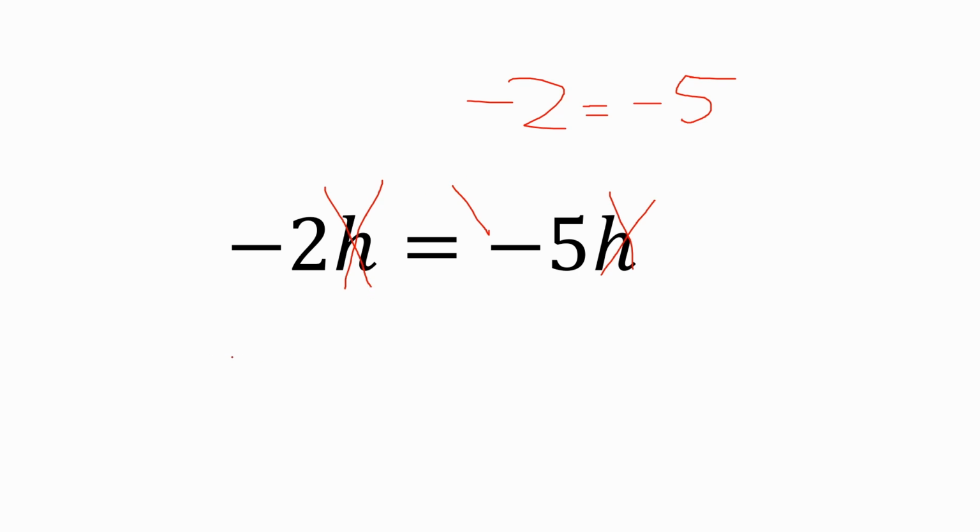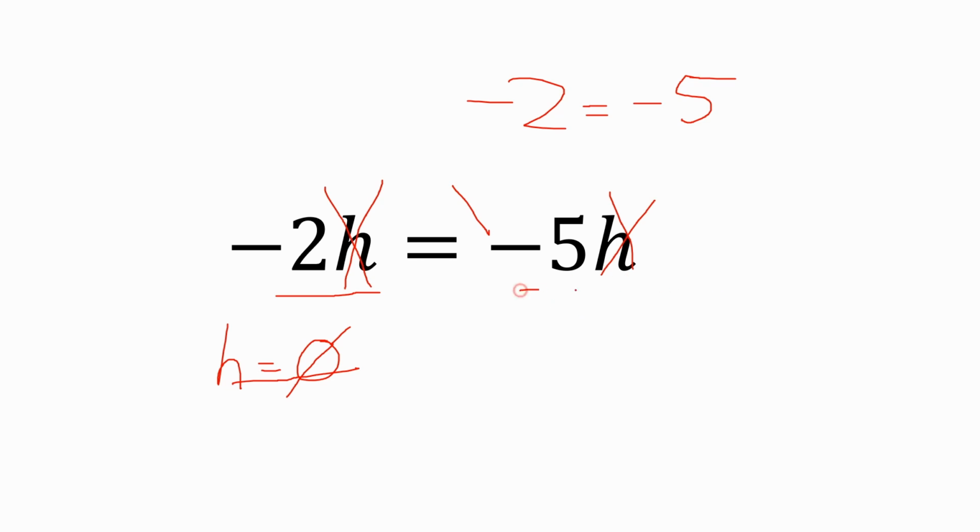Well, hopefully it should become pretty obvious that the only thing that really resolves this would be if h is equal to 0, right? If h is equal to 0, then minus 2h, or minus 2 times 0, is 0.